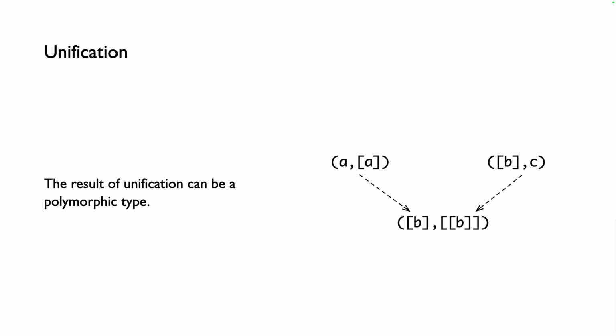That's done by replacing A by list of B. But if we replace A by list of B, list of A will have to be list of B. Is that compatible with C? Yes, it is. So in fact, we have a common instance here of list of B and list of B. So the two are unified, and that unification is itself a polymorphic type.